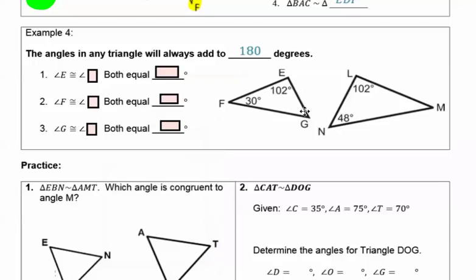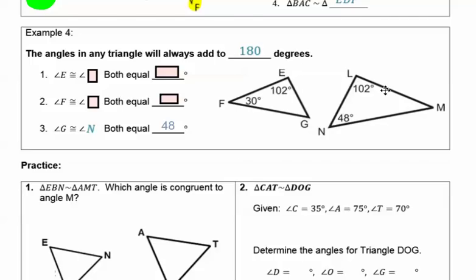And if we look over here, N is also 48. So that means that G and N correspond with each other. Those are matching angles, which means they are also congruent angles. So angle G and N are congruent, and they're both going to equal 48 degrees.